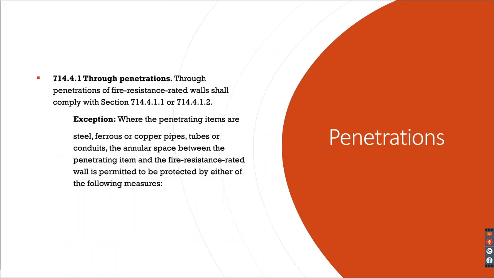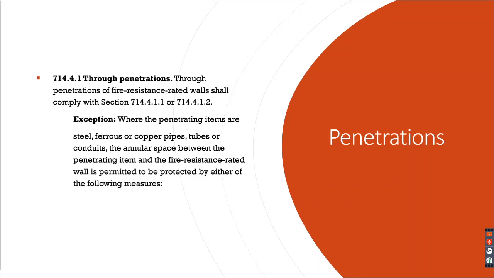So 714.4.1 starts off with the through penetrations and indicates that those have to be protected in accordance with 714.4.1.1 or 714.4.1.2. And then there's an exception to this where the penetrating items are steel, ferrous, or copper pipes, tubes, or conduits.